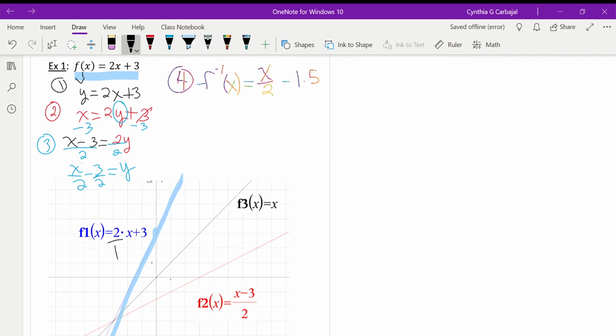And then for our inverse, the y-intercept is minus 1.5. So that's here. Then our slope: there's nothing in front of the x, so go ahead and put a little 1 there. Our slope is 1 over 2. So you're going up 1 over 2, up 1 over 2.